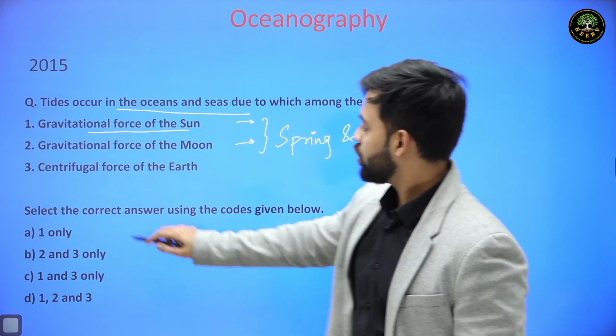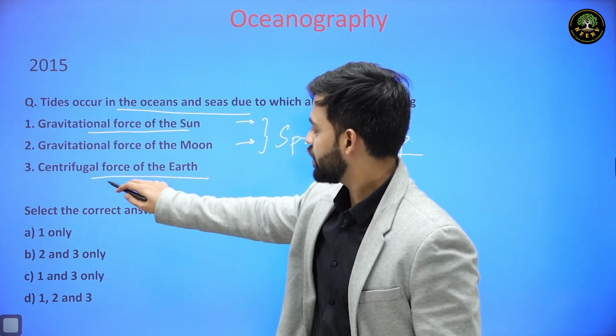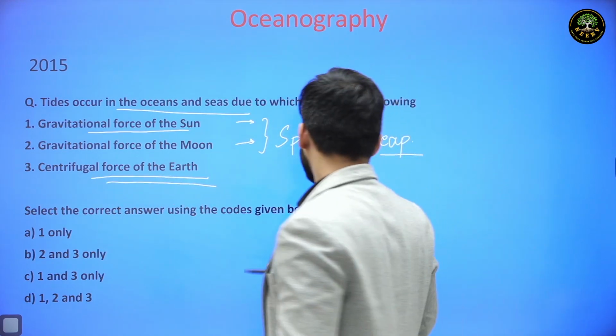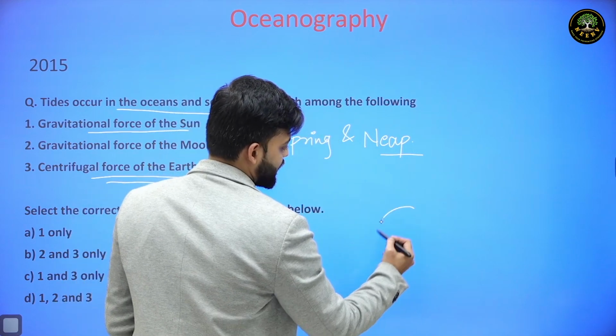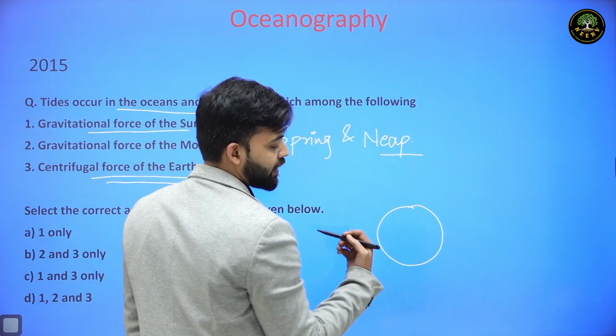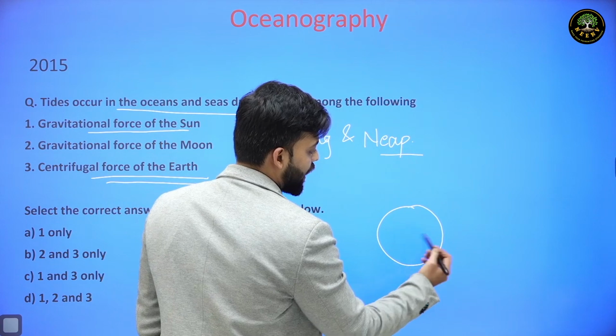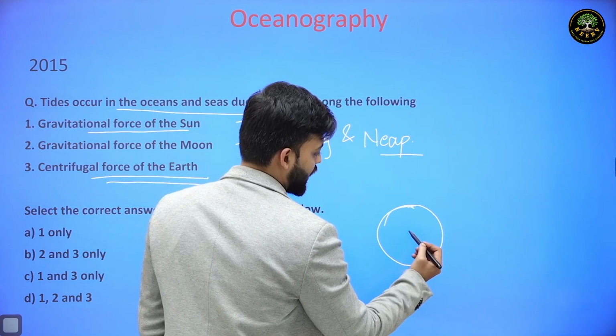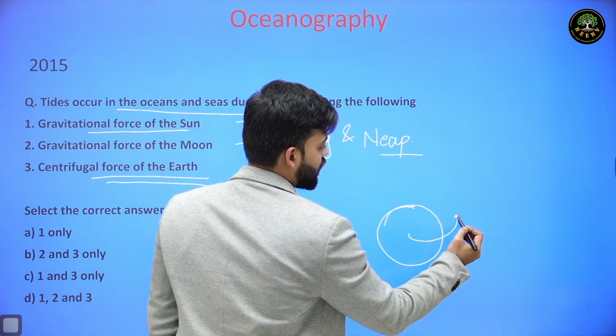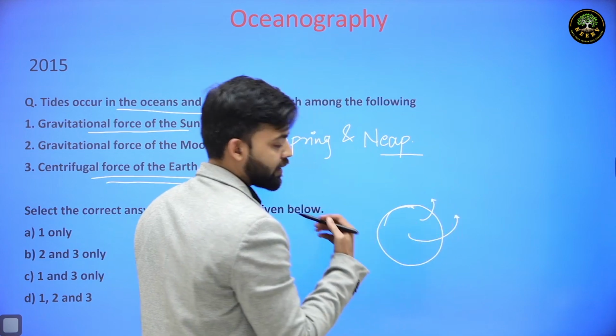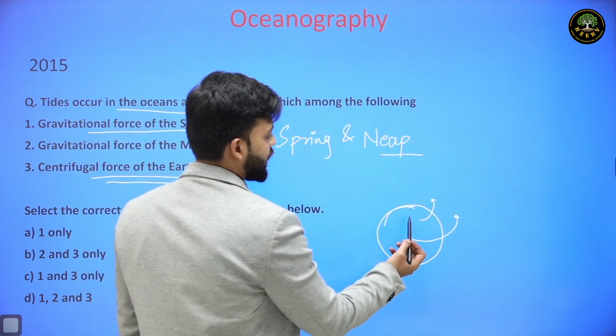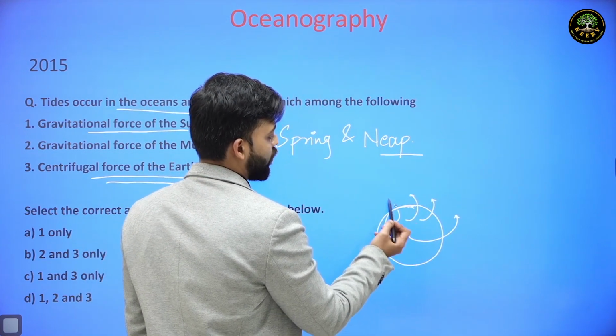Right. Also, centrifugal force of the earth give rise to tides. How? Basically, centrifugal force is if anything is rotating, then the particle in that object has a tendency to move outwards. If anything is rotating in circular direction, then the particle has a tendency to move outward.